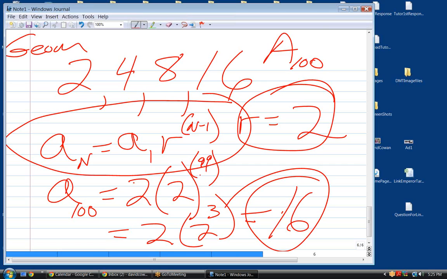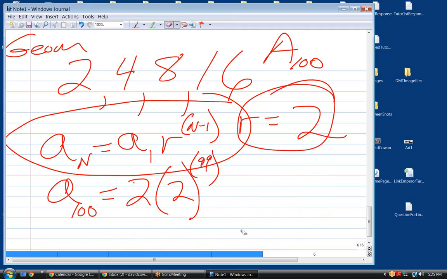N minus 1. And of course, 2 to the 99th power is a humongous number. Your calculator might even cough if you tried getting that number in your calculator. It might spit up all over you.